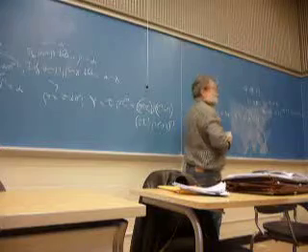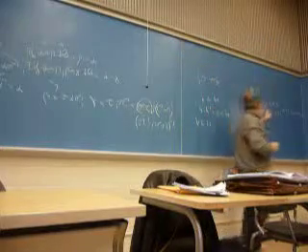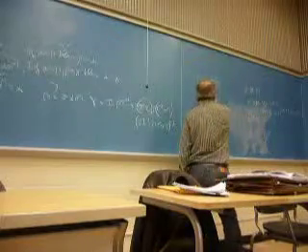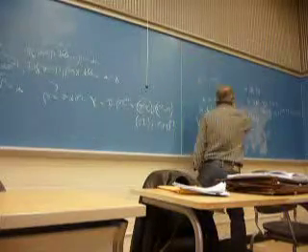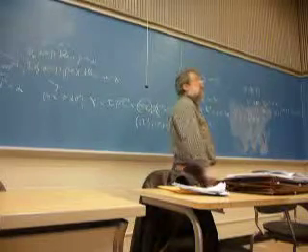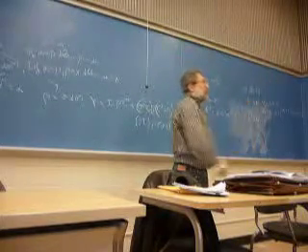Because if e is in H and h is in H, then e times h inverse is required to be in H. So if I have an element h in H, then the identity is there and h inverse is there. Okay, very good.